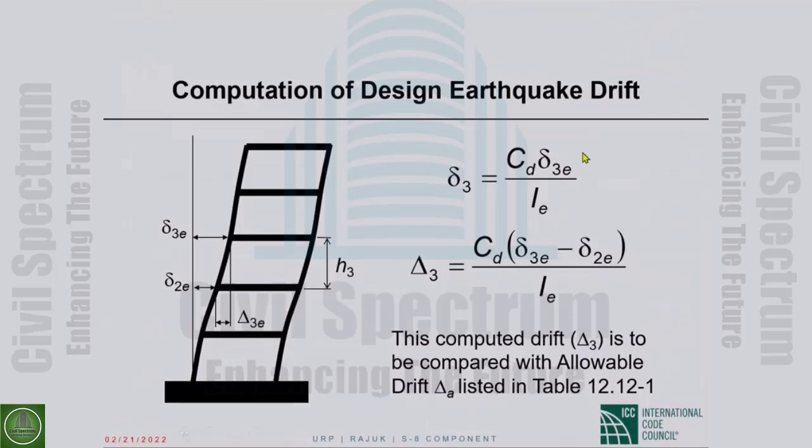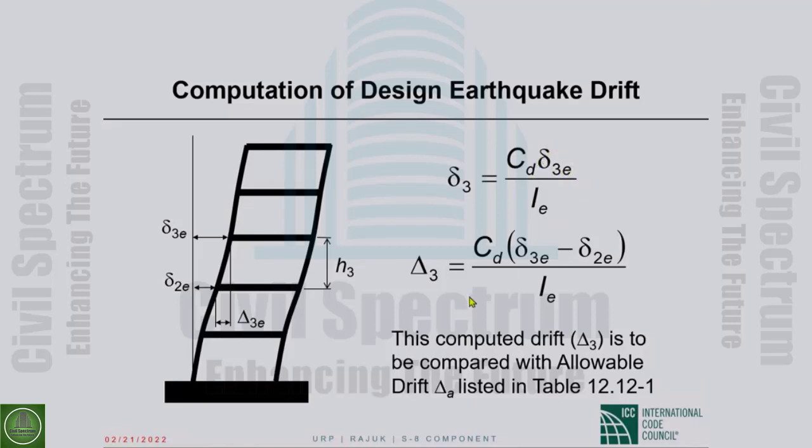Now, also discussed earlier, when we do our drift check, when we check that the interstory drift, including C sub D, is within tolerable limits as given in ASCE 7, we divide the design deflection by the importance factor I. So we start with delta sub 3e, elastically computed.